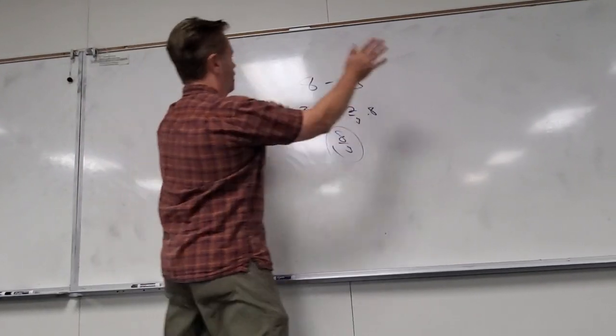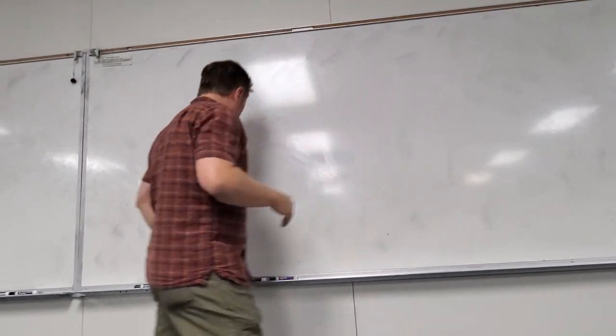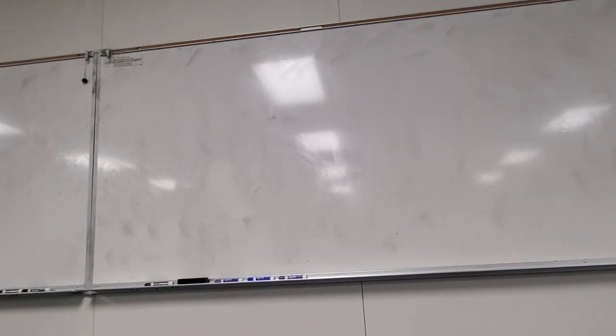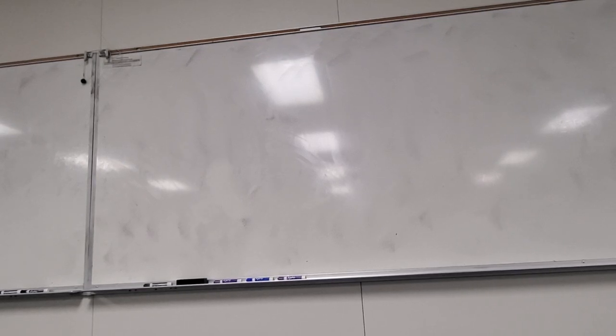So let me ask you a general question. This is sort of like a homework question. If I'm given 2 numbers, should the GCF be bigger than the numbers or smaller than the numbers normally? Yeah, because what's the F in GCF? Factor. So factors of a number are always going to be smaller.